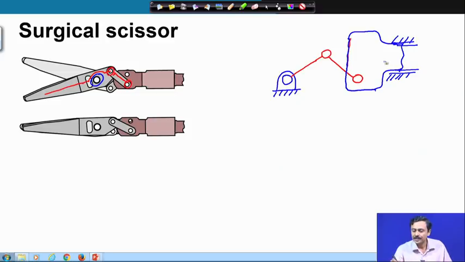So, this is a prismatic pair, this can slide. This is a slider.